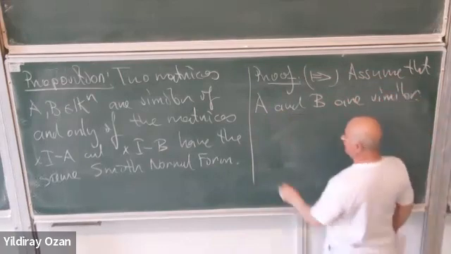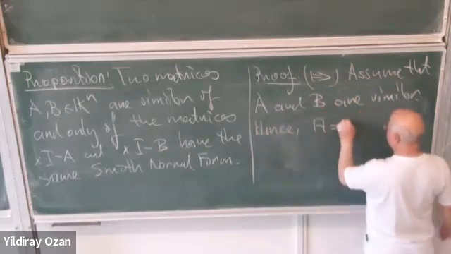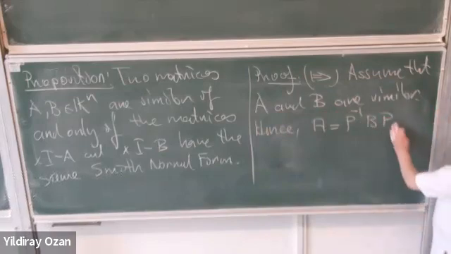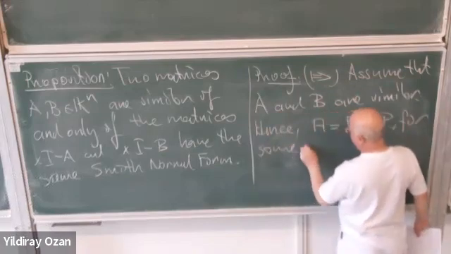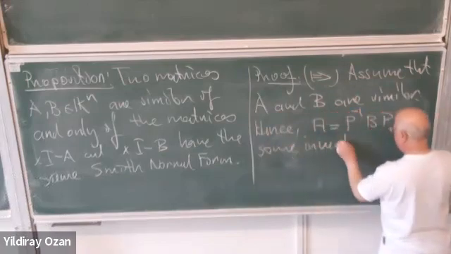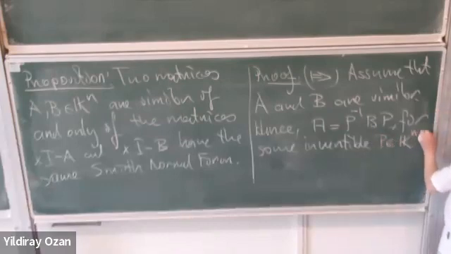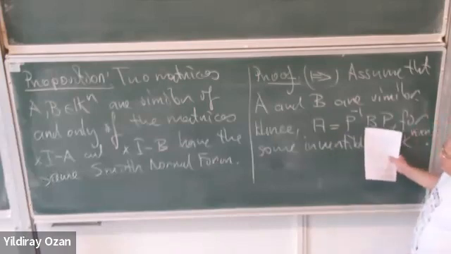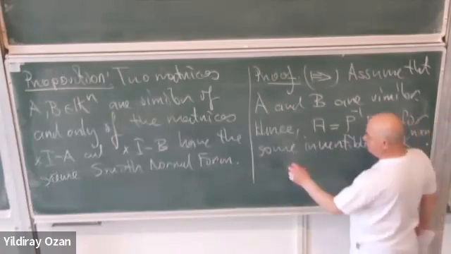This means A is just P inverse B P for some invertible matrix P. Okay, but then you can just write down this same equation for these matrices.